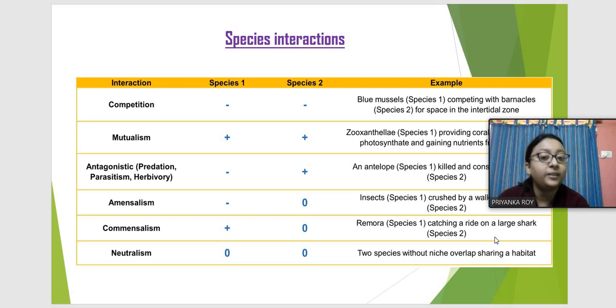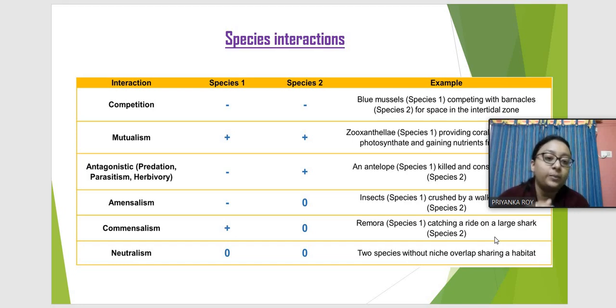And the remora, on the other hand, is benefited because it is not swimming and not expending any energy, but is just getting a free ride throughout the ocean. So the remora is benefited and the shark is in a 0 kind of situation. It is neither benefited nor affected.